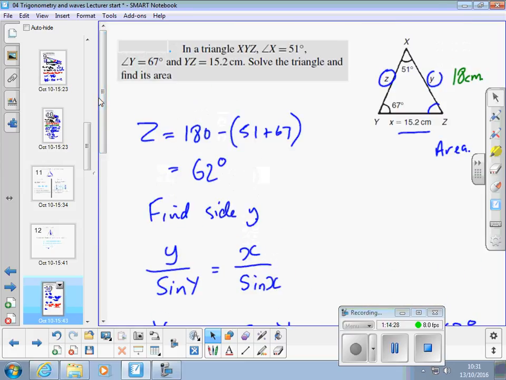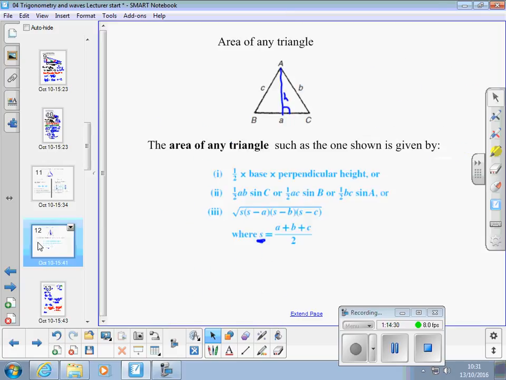Just go back to our formulae and look at these ones here. Half BC sine A, half AC sine B. So two sides and an angle that is included. Looks like it.